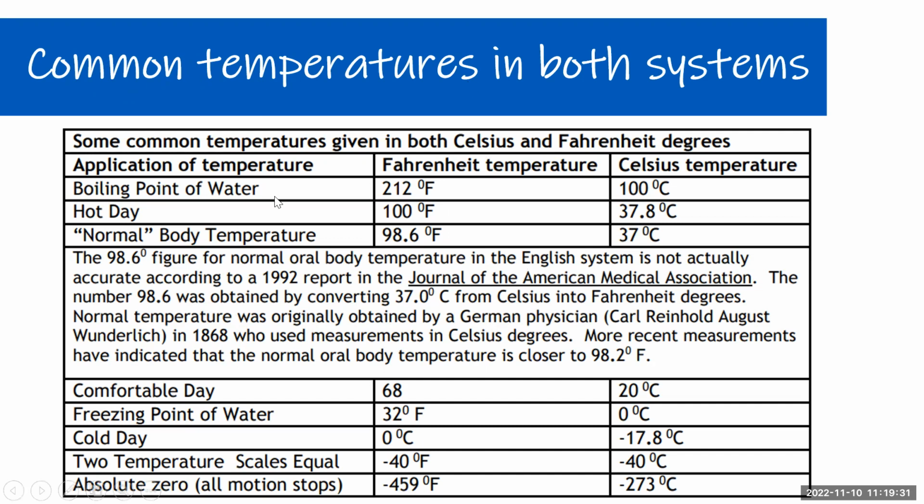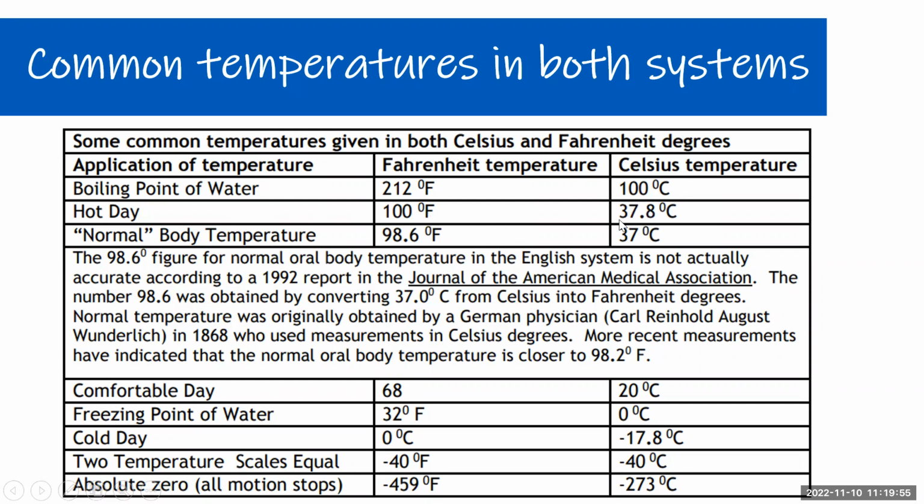So the boiling point of water is 212 degrees Fahrenheit, which in Celsius is a perfect 100 degrees Celsius. That's no coincidence. It's back to that metric 10 base, okay? A hot day, if we want to talk about 100 degrees Fahrenheit, we use the English units here in the US. So, weather forecaster is going to say 100 degrees, and they're talking about Fahrenheit.